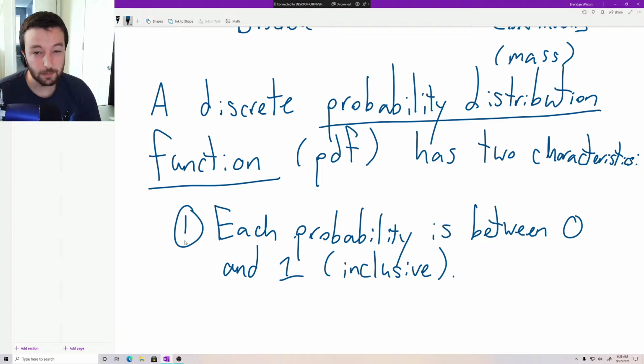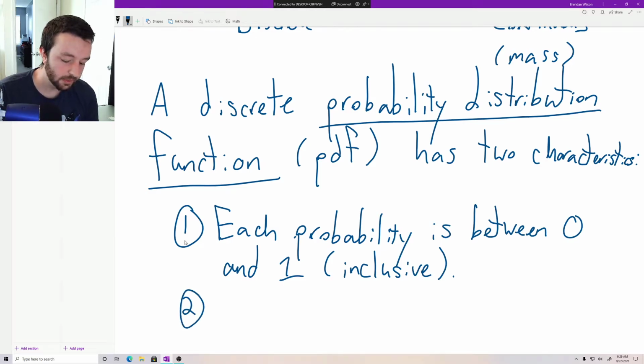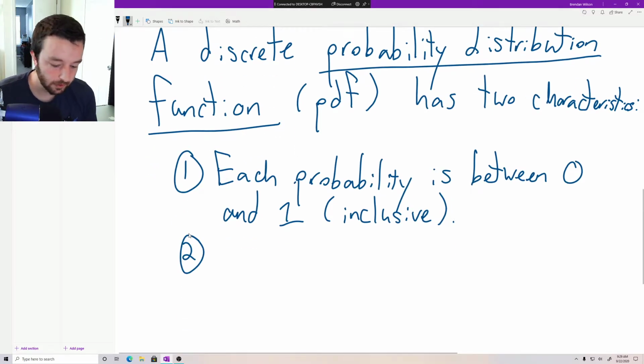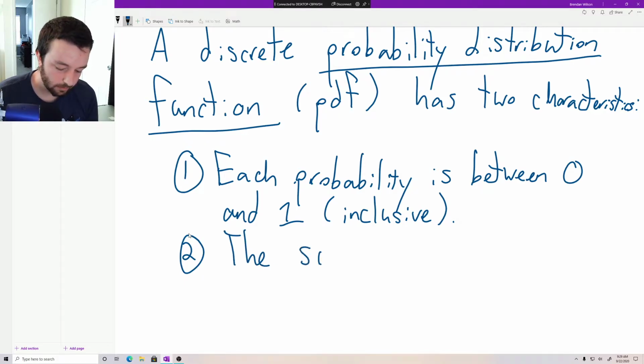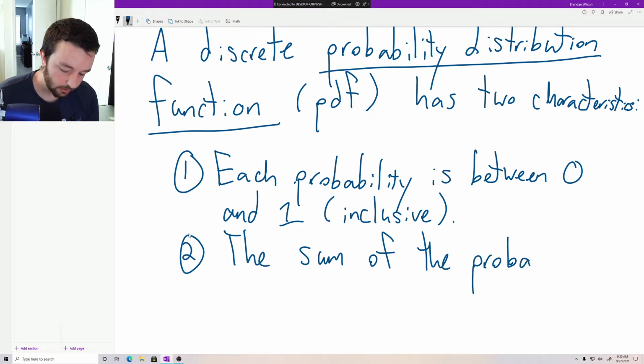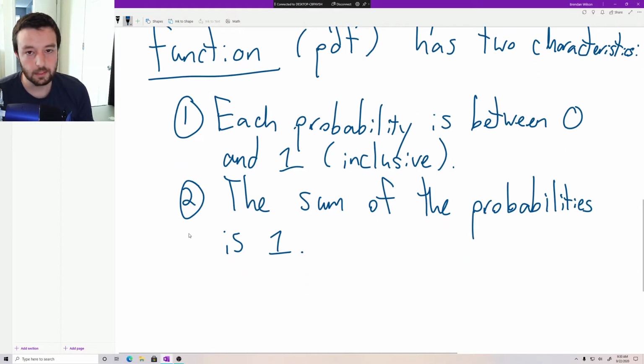This really shouldn't even need to be said because all probabilities are between 0 and 1, right? So really the second characteristic is much more important, which is that the sum of the probabilities is 1.